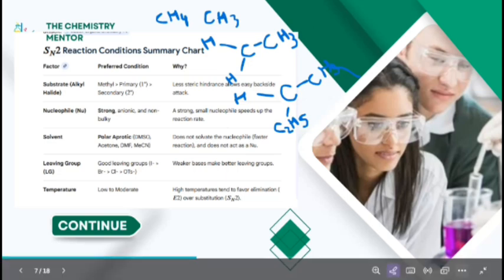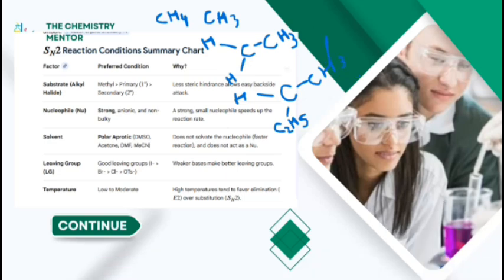So just remember it in a simple way that methyl is the carbon with 3 hydrogens, primary is the carbon with only 2 hydrogens, and secondary is the carbon which includes only one hydrogen in its molecular structure.